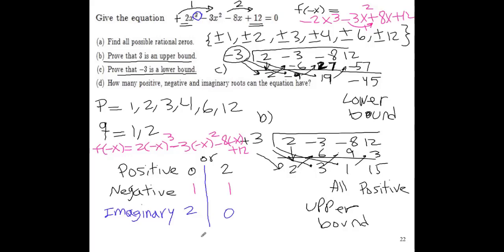Given this equation, we want to find all possible rational zeros. We're going to look at the constant 1 here. That's my p. All the factors of that would be 1. And then you look at the leading coefficient of the polynomial, q.